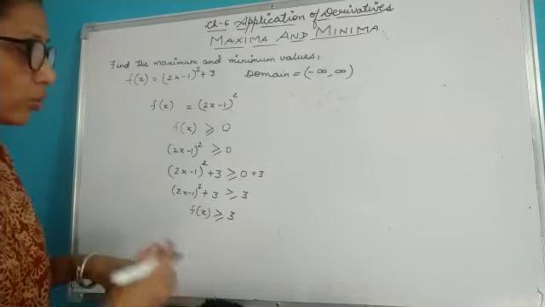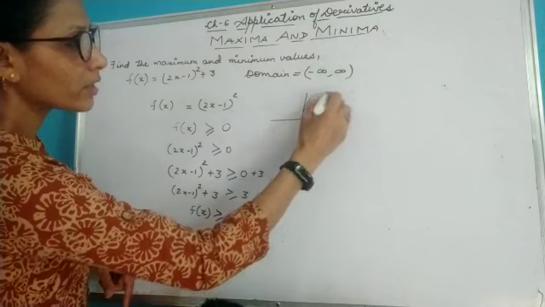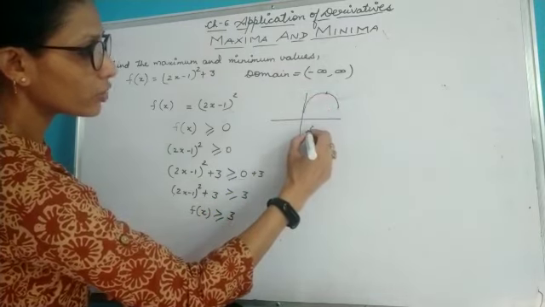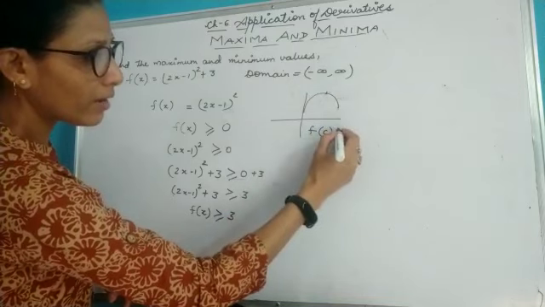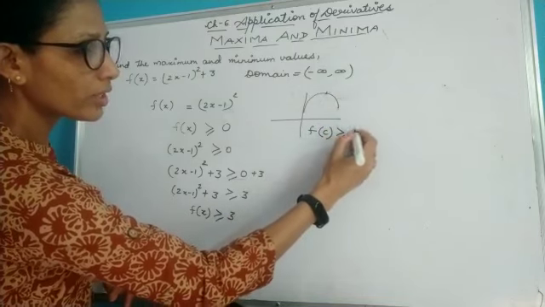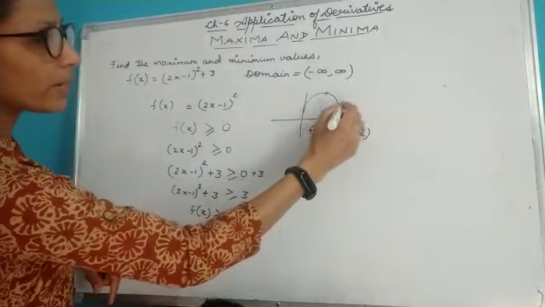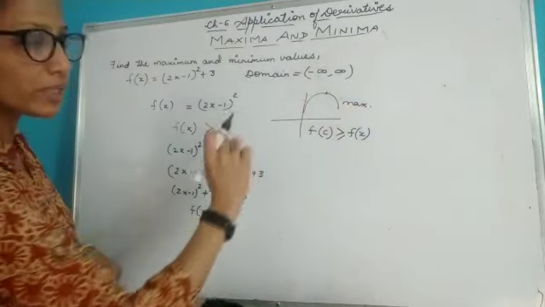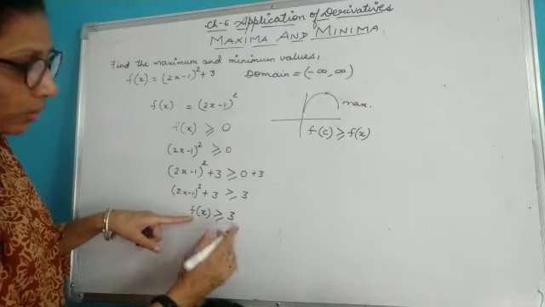Now children, I told you, whenever you get a graph like this and here the function, or I can say your c, will have the value greater than or equal to f(x), then you can have your maximum value. So here I am getting f(x) is greater than or equal to f(c).